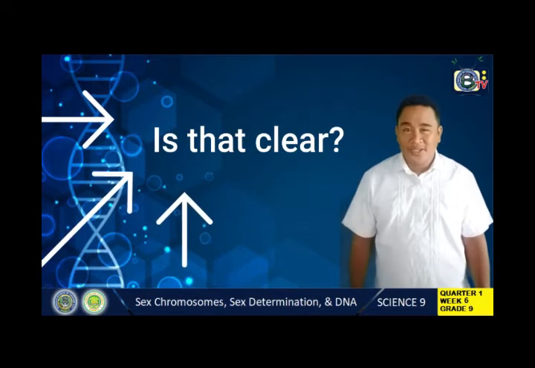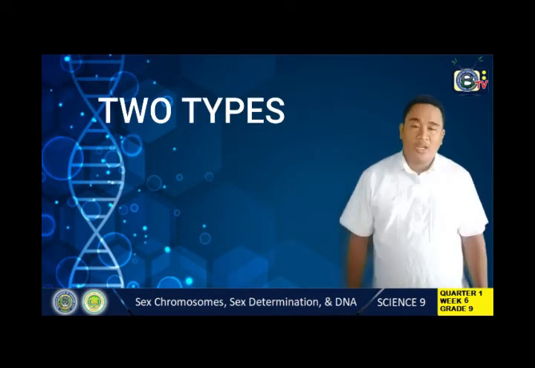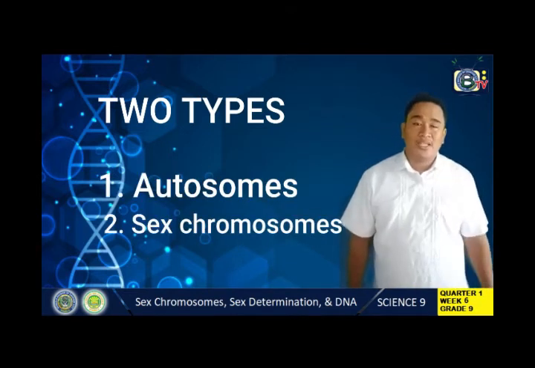Okay, so that is a chromosome. Is that clear to you, my dear students? Let's dig deeper into this topic as we go along with our lesson. For your information, chromosomes have two types. The first one is the autosomes, and the second one is the sex chromosomes.